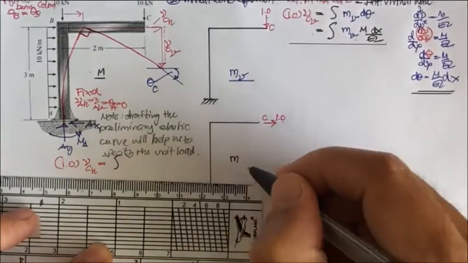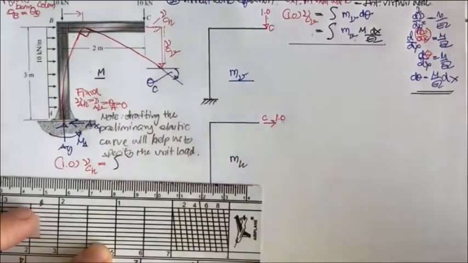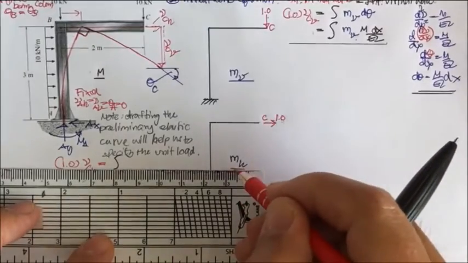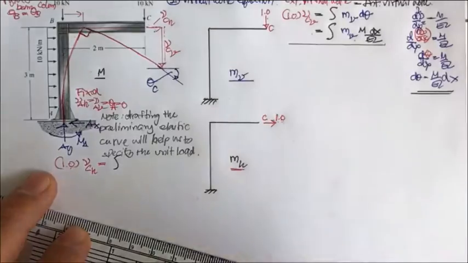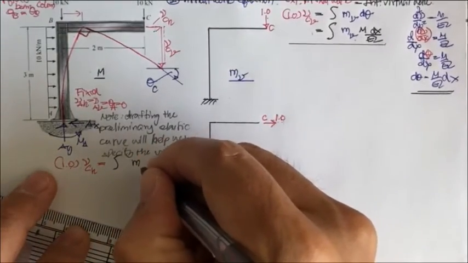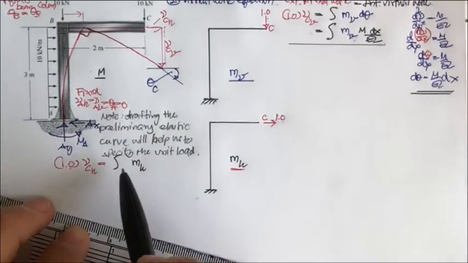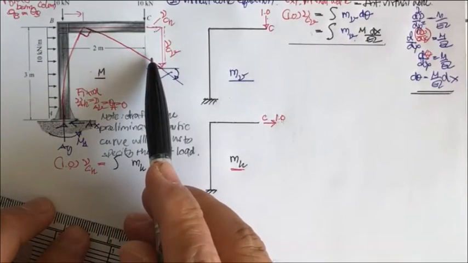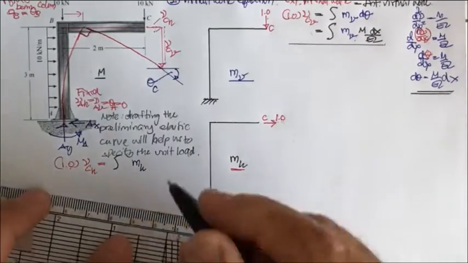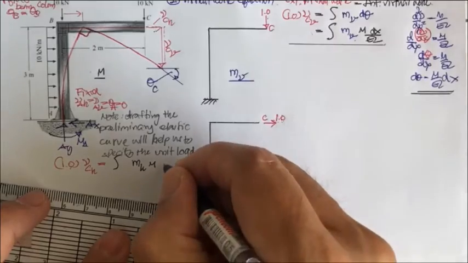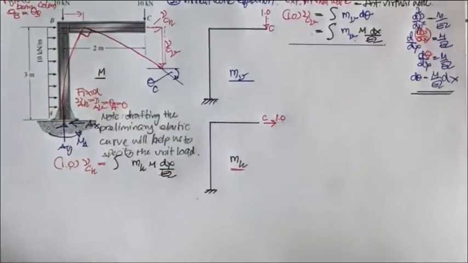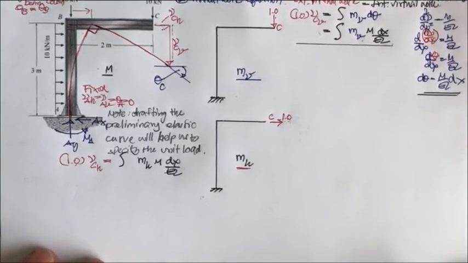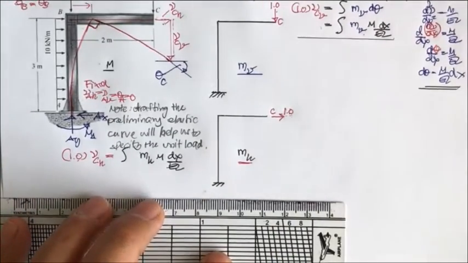This is going to produce m sub h. M sub h is due to the point load, so you may put this one for the m sub h. And then again, it's going to be times the real slope, which is M dx over EI.